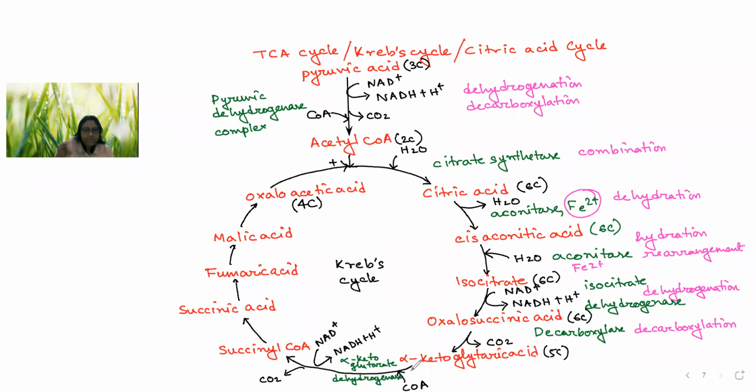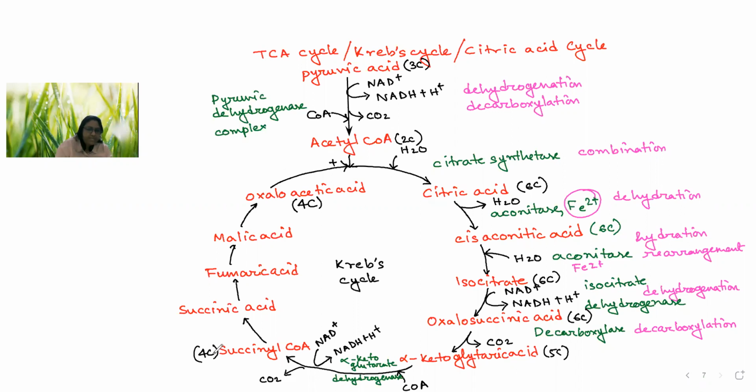It's a complex reaction where dehydrogenation, that means removal of hydrogen, as well as removal of carbon dioxide is also taking place, as well as CoA is getting added. So it's a very complex reaction. That's why succinyl CoA will be having 4 carbons.